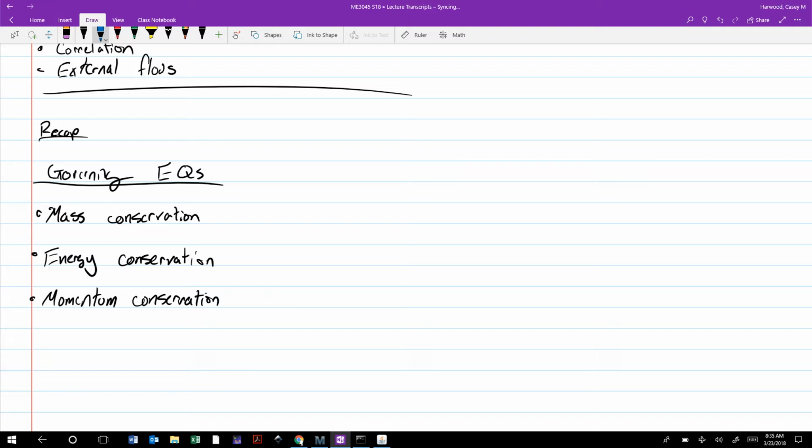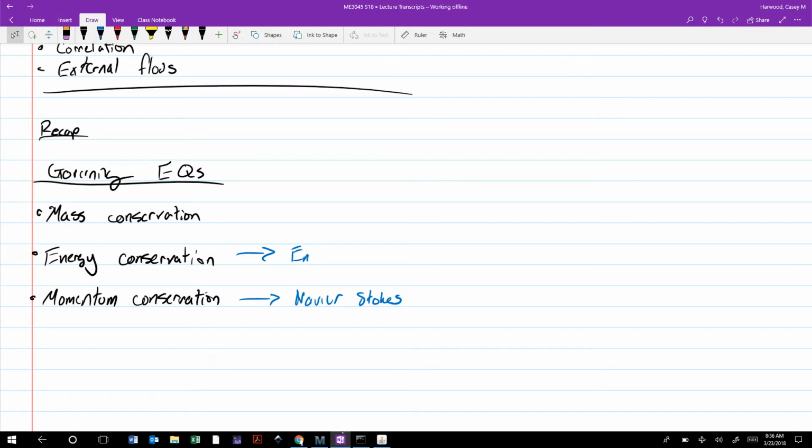give rise to some more specific governing equations that we gave particular names. Momentum conservation, we stated using application of Newton's second law, and that led to the Navier-Stokes equations. Energy conservation, application of the first law of thermo, led to the energy equation.